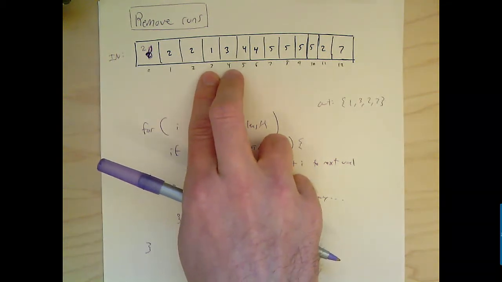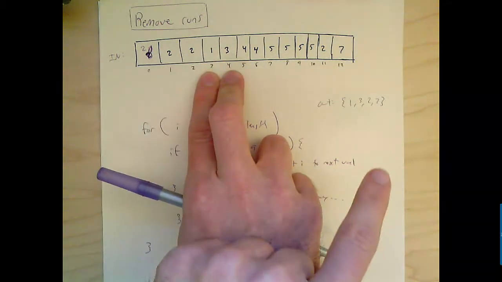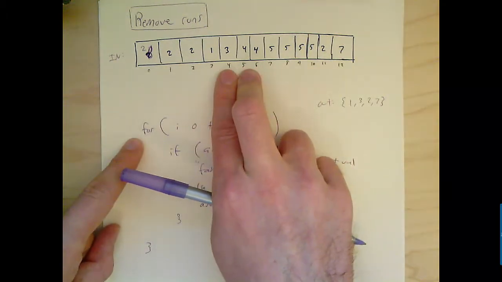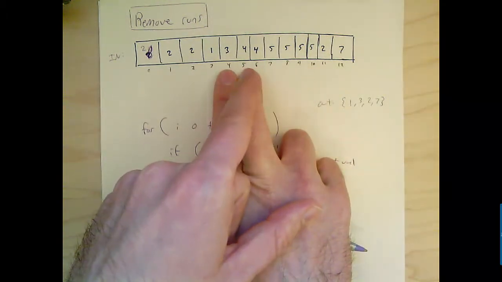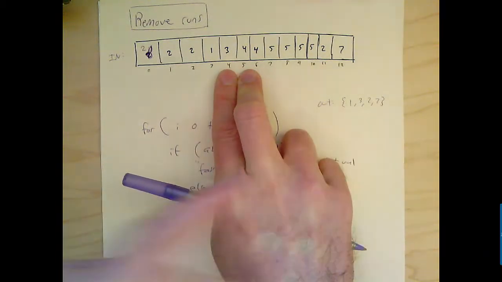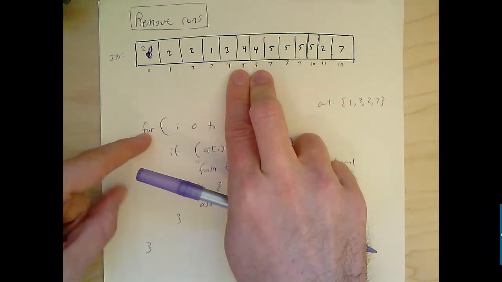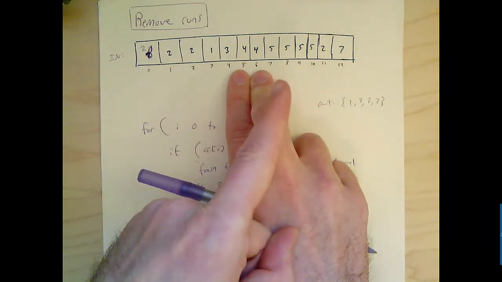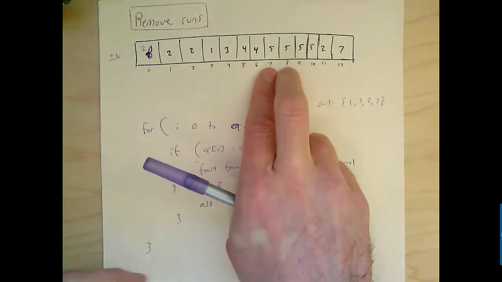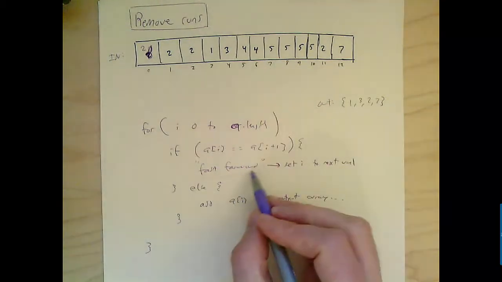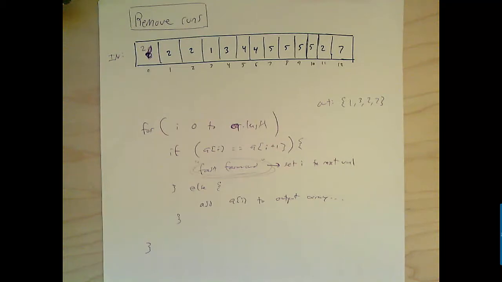Here I see 2 adjacent elements that aren't the same, so I add 1 to my output array. And now I loop back up and increment by 1. Here I see 2 that aren't the same, so I add 3 to my output array, and I go back up and increment by 1. Now I see 2 that are the same, so I fast forward i until I get to location 7. And then I start here and check again. So it seems like that's going to work as long as I can figure out how to do this fast forwarding bit.